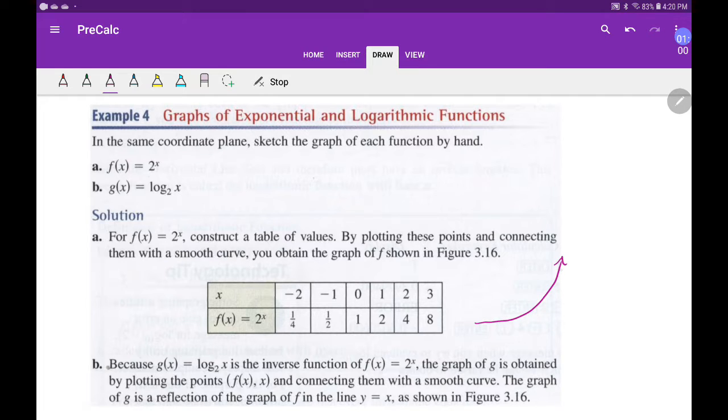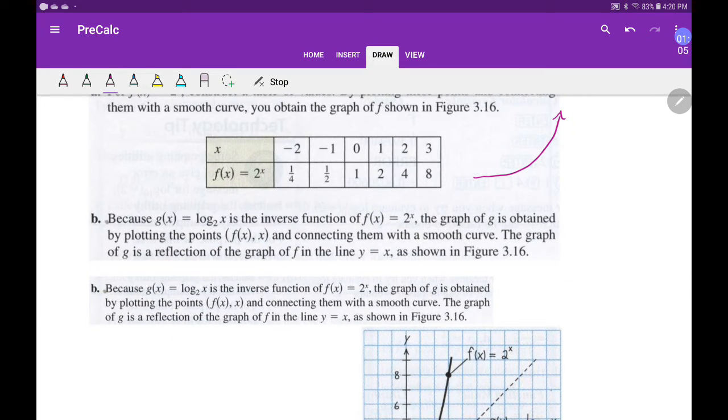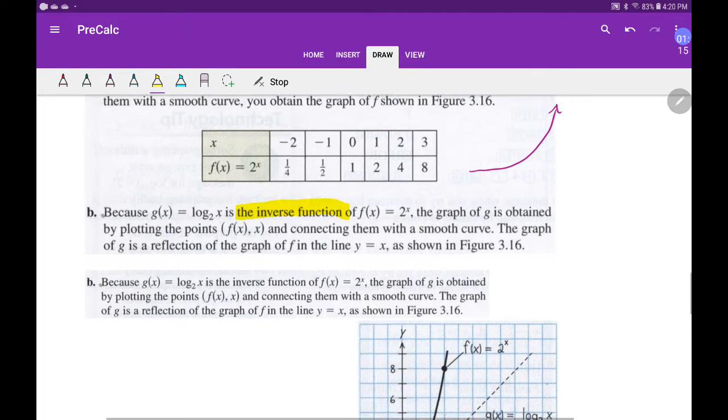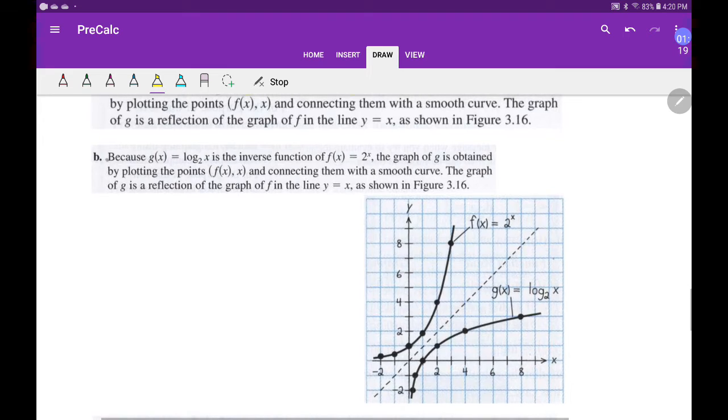Okay. And then we're going to take a look. Because g of x is equal to the log base 2 of x, it is the inverse function of the original function. Well, it's a reflection through the line y equals x.